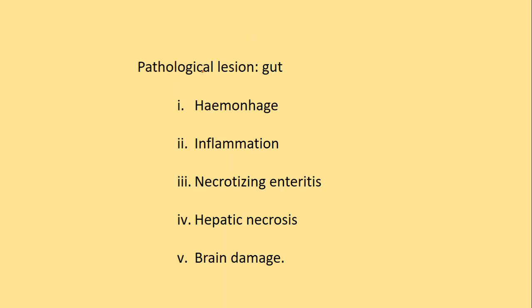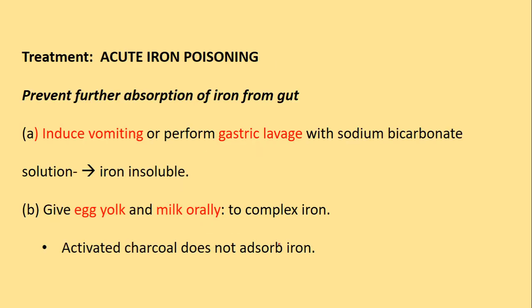There are some pathological lesions which occur in the gut, like hemorrhage and inflammation in the gut, finally leading to necrotizing enteritis, hepatic necrosis and brain damage. How do you treat acute iron poisoning?